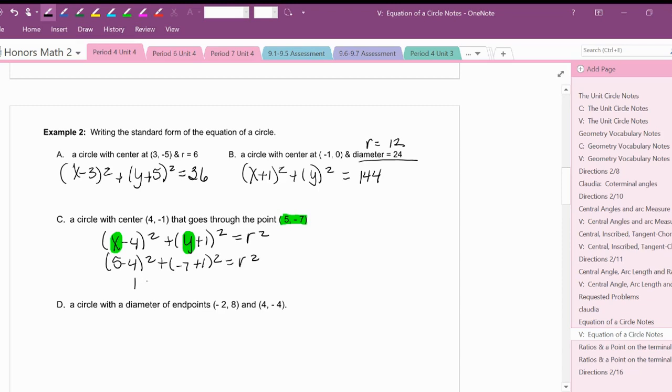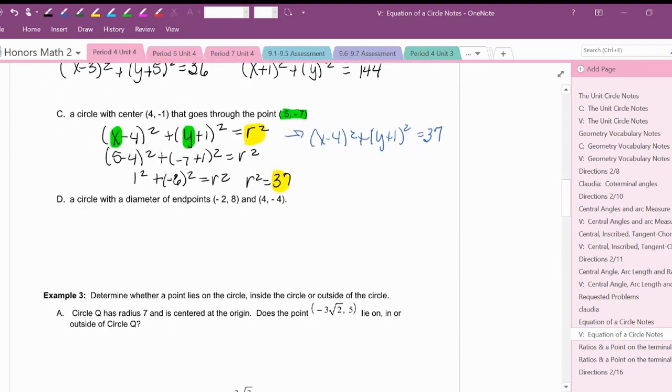So this would be 1 squared plus negative 6 squared is r squared. R squared is 37, and then we take that and put it in here, and then we've got our equation. X minus 4 squared plus y plus 1 squared equals 37.